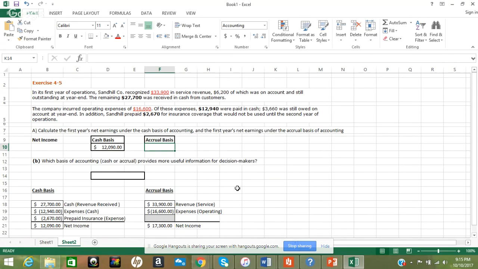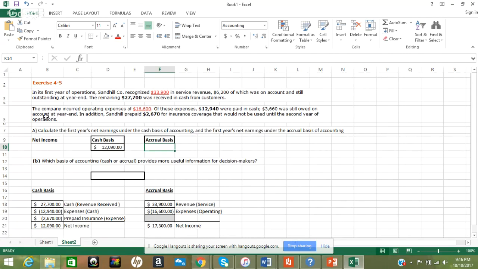I have highlighted in red the information that is taken into effect in the accrual basis system of accounting. So $33,900 is revenue, so we put that down here in the box for service revenue.